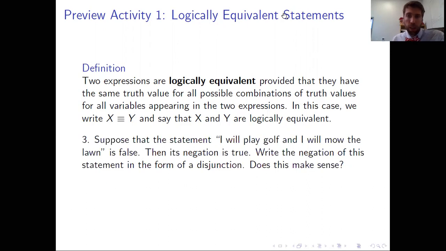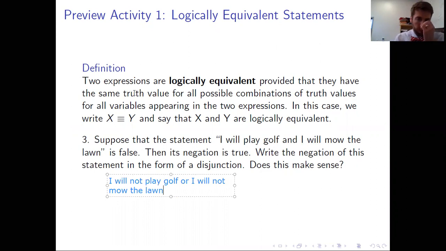So I could say, I will not play golf, or I will not mow the lawn. And so that illustrates what we just did in number 2, because I have both nots there and an or. So that's not P or not Q, just like the second part of number 2 back on the last page.